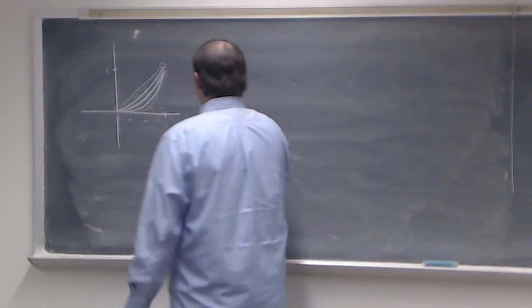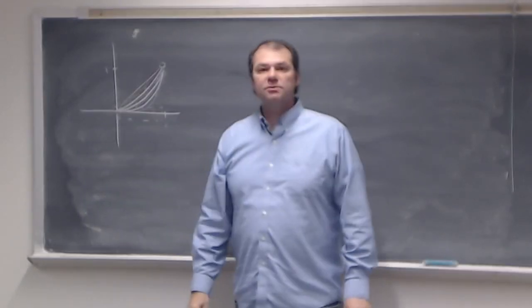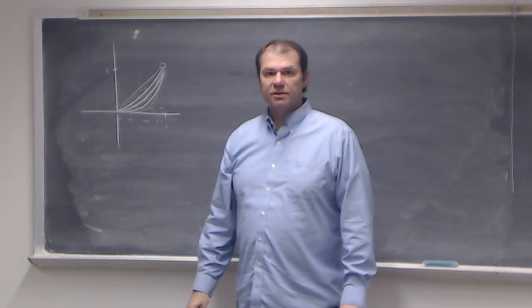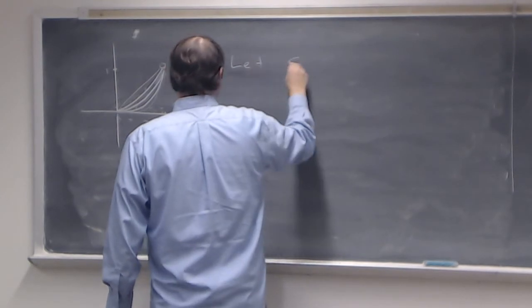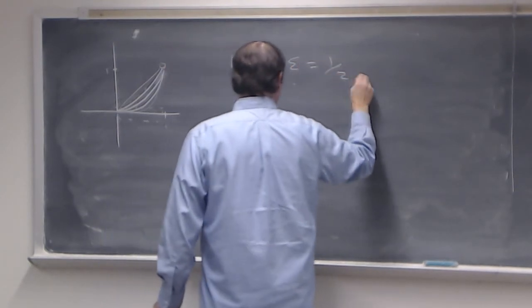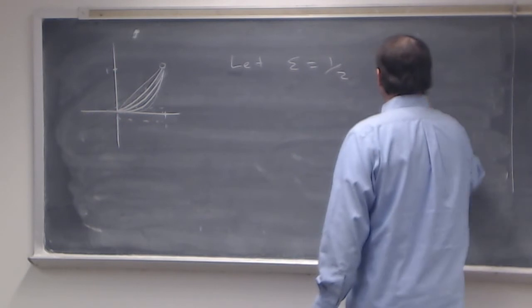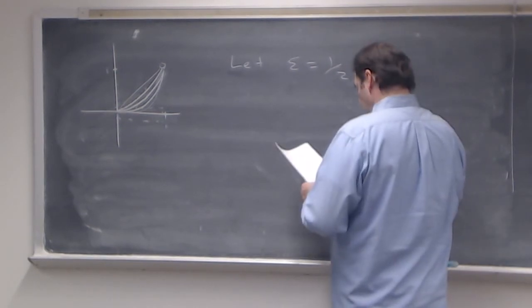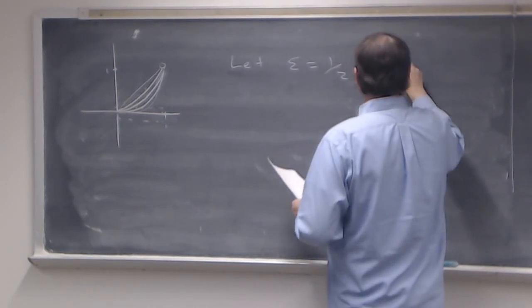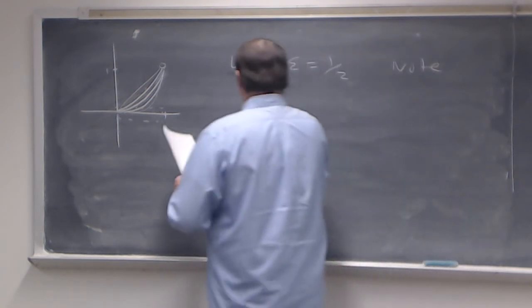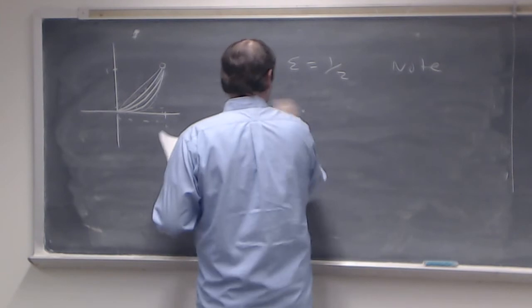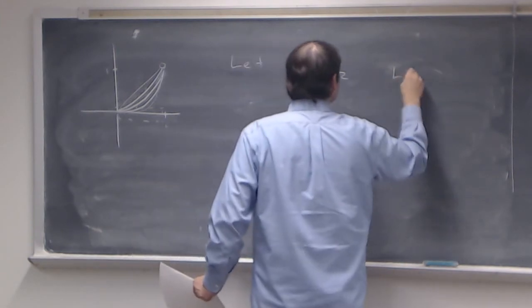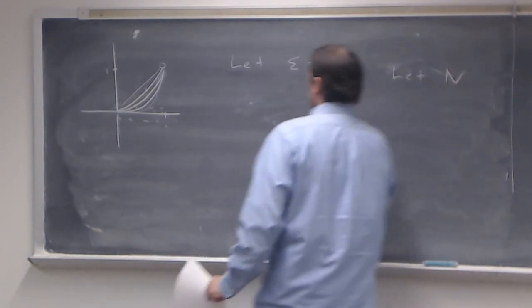In particular, to show that it's not uniformly convergent on 0 to 1, not including 1, I'll produce an epsilon. I'll let epsilon be equal to 1/2. And then, if you note, we let n be a natural number.